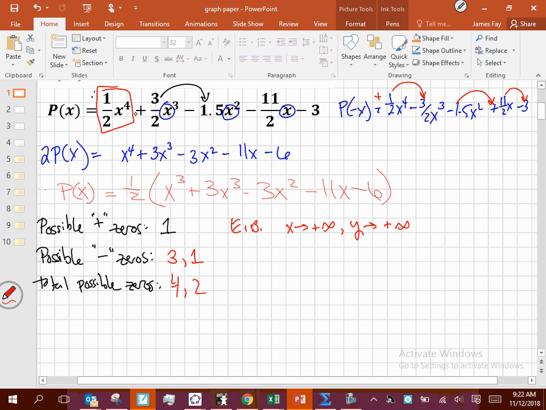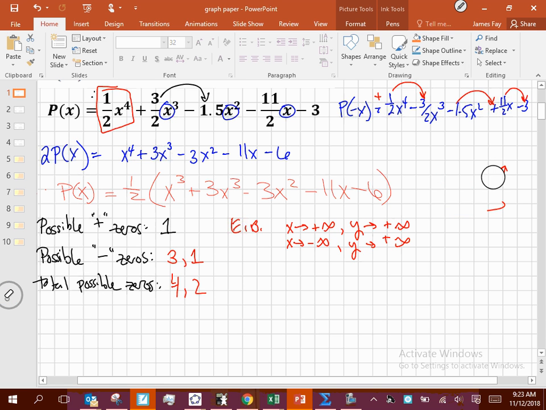So when it's a fourth degree polynomial, as x goes to the right, your y values are going up. As x goes to negative infinity, where is y going? Positive infinity again. Ultimately, every x to the fourth polynomial is going to have end behavior that looks like that, or if it's negative, it'll be the reflection over the x-axis of that. So that's our end behavior.